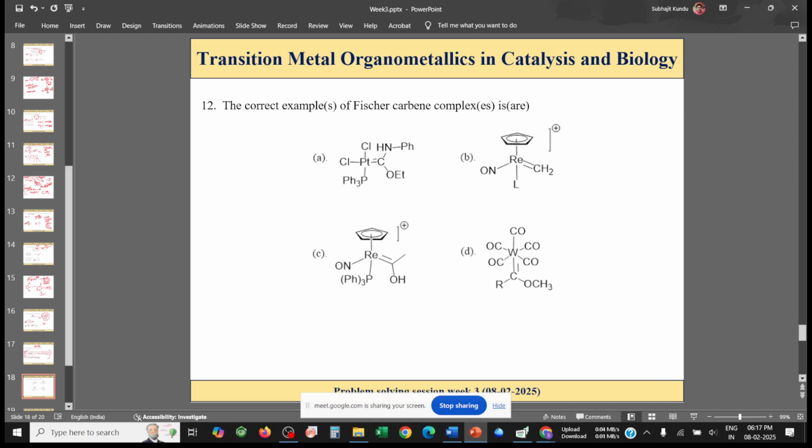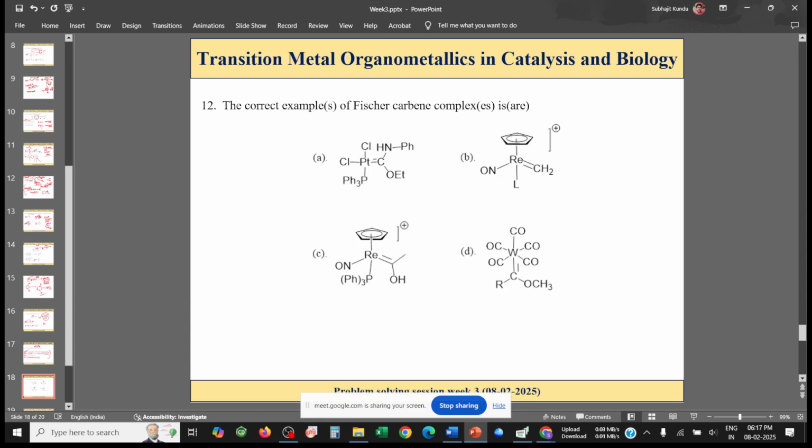The next question is question number 12, the correct example of Fischer carbene complex. Here we synthesize the Fischer carbene complexes, and Fischer carbene complexes are electrophilic in nature.